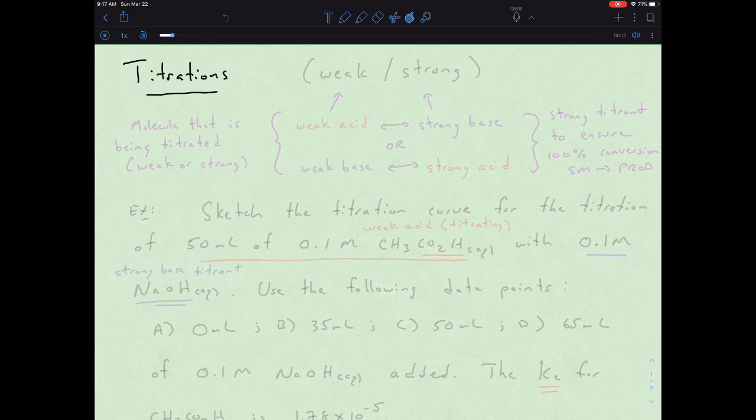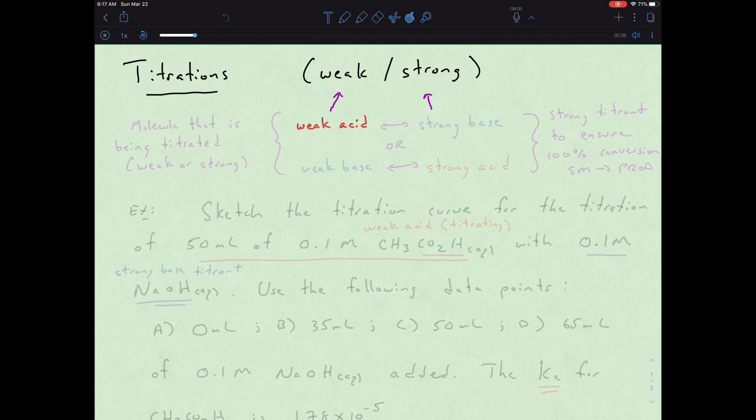In our prior lecture, we did a strong titration. And in this lecture, we are going to do a weak, strong titration. And so this is just giving rise to what we're titrating and what we're using as the titrant.